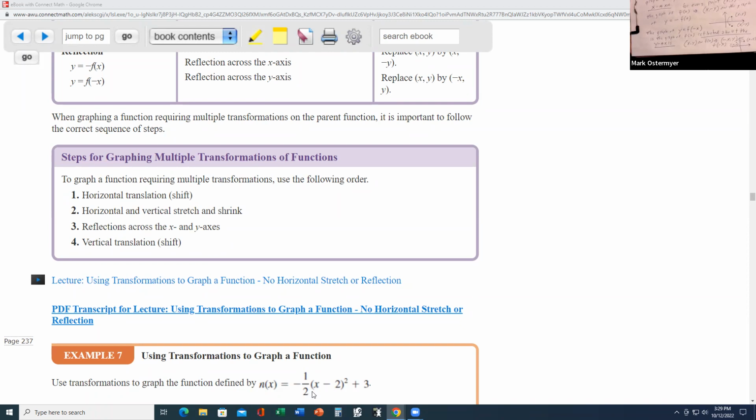All right, any sort of reflections about the x and or y axis? Any reflecting about any of the axes? Well, notice the -1. Yeah, because we're multiplying the function by a negative here, or by a -1 technically, that would cause the graph of the basic parent function to be reflected about what axis?